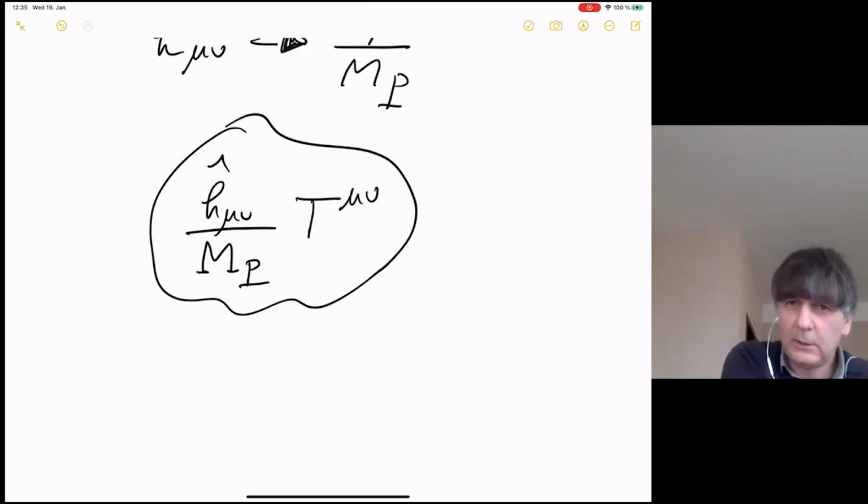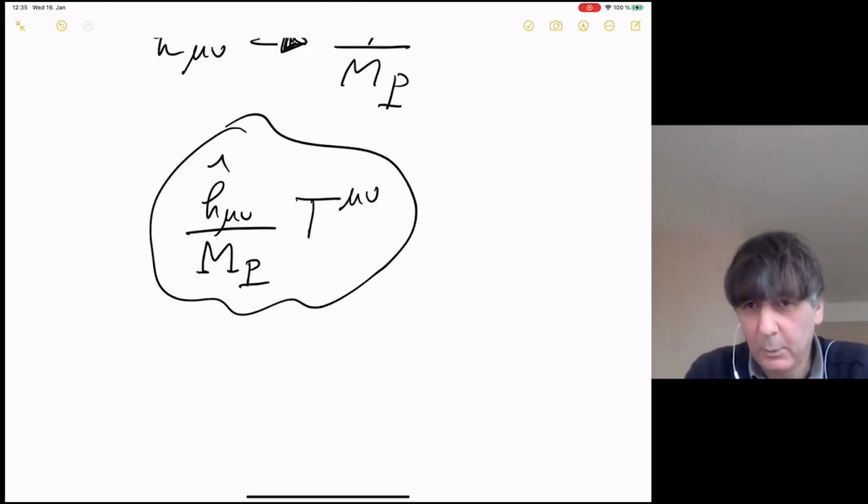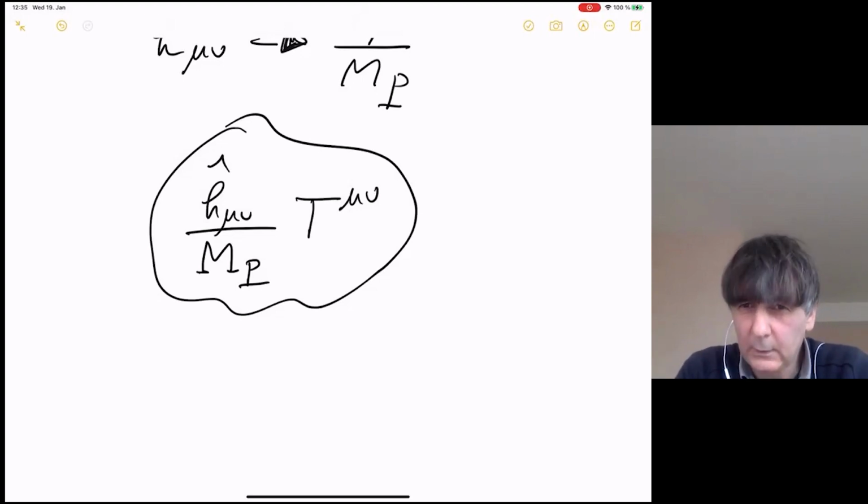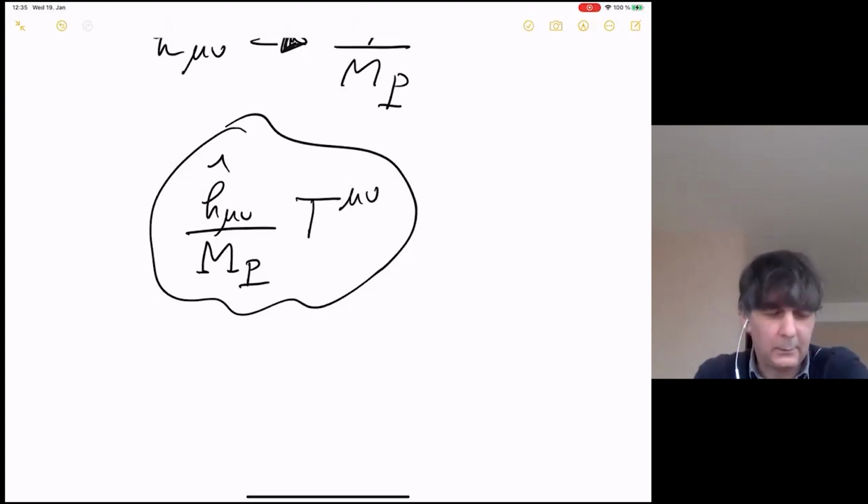Now, the energy momentum tensor of the graviton already at linear order is extremely complicated. Of course, I can present it. You can find it in many textbooks, but it's not terribly informative for our purposes.